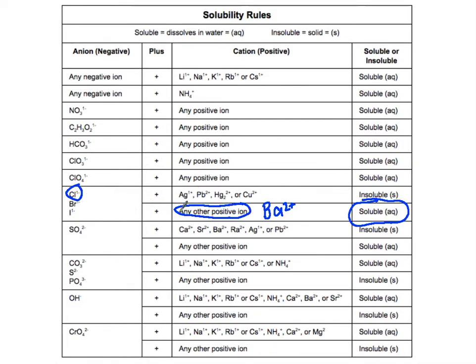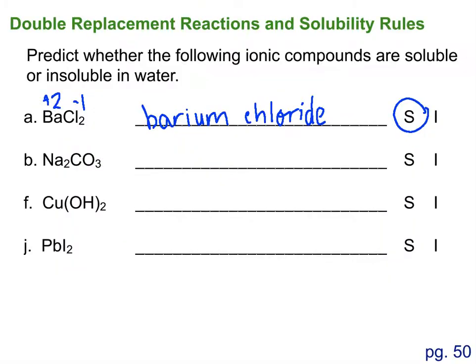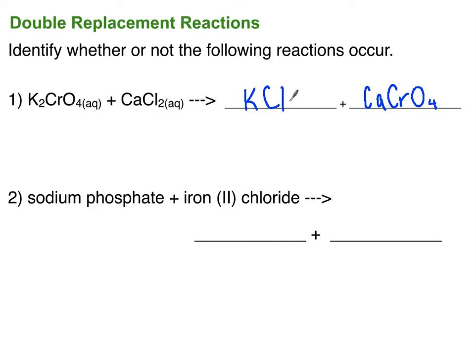Potassium, or K, is going to fall into this category of any other positive ion, which means that our KCl is going to be soluble or form an aqueous solution. So go ahead, make a prediction on calcium chromate, on what state of matter we're going to have there.